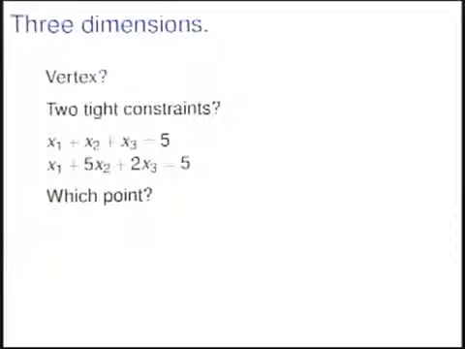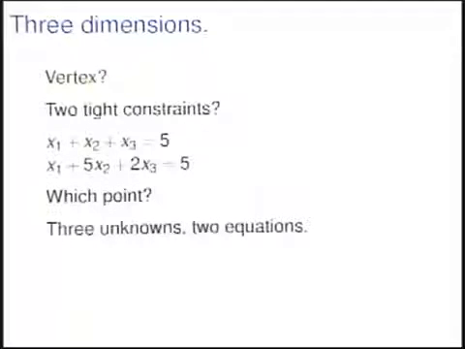The reason is that 2 constraints are 2 equations, right? You have 2 equations and how many variables? 3 variables. From 2 equations and 3 variables, you can't really determine all the values, right? It becomes 3 unknowns and 2 equations.